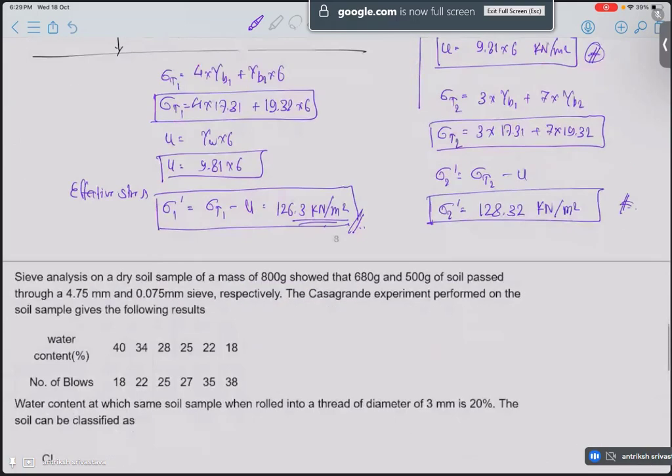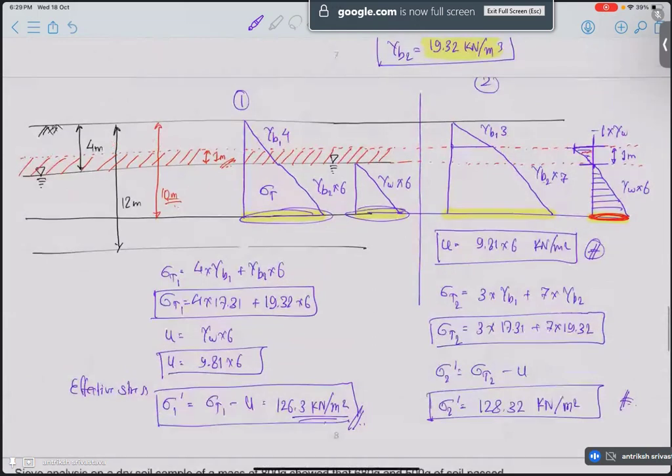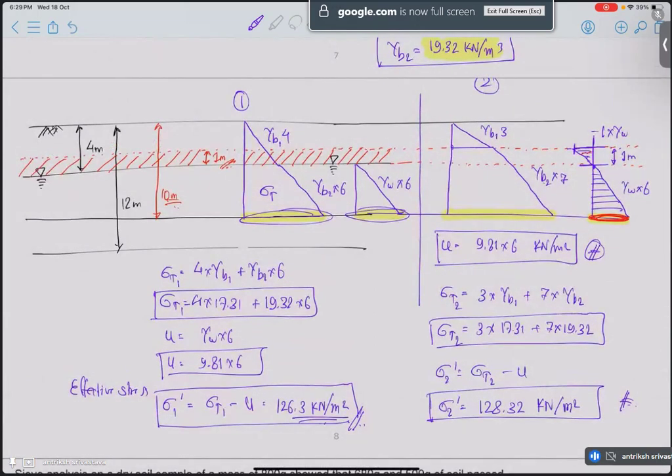And what is asked of us? We are asked what is the rise in the effective stress, that is delta sigma dash, that is sigma 2 dash minus sigma 1 dash, and it is nothing but 2.02 kilonewton per meter square. So this is the answer.